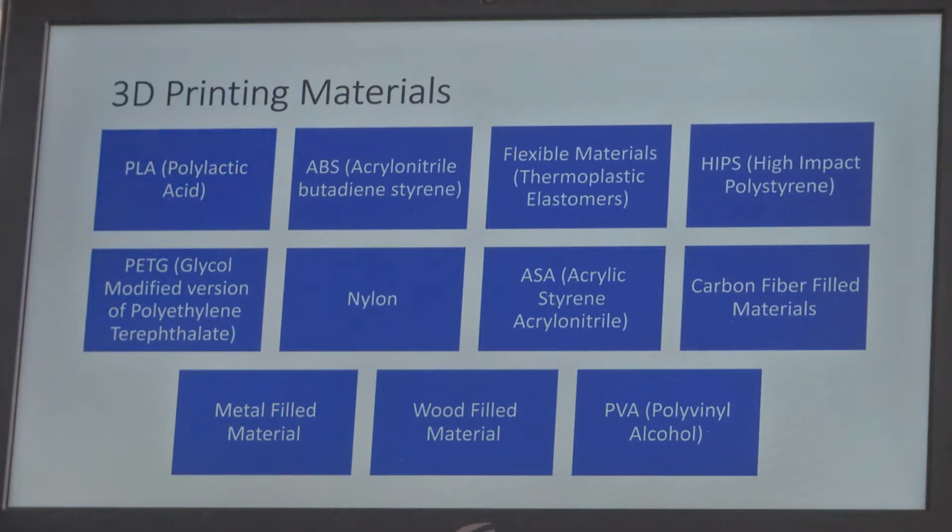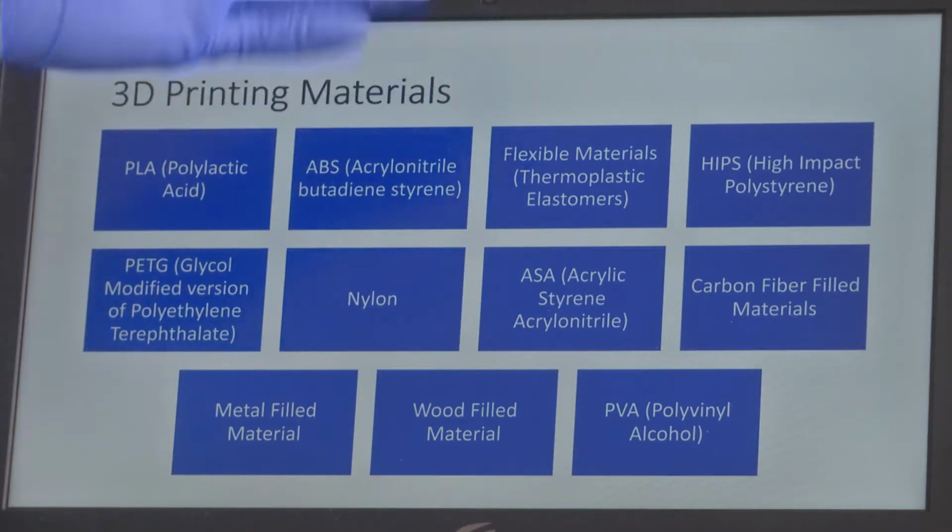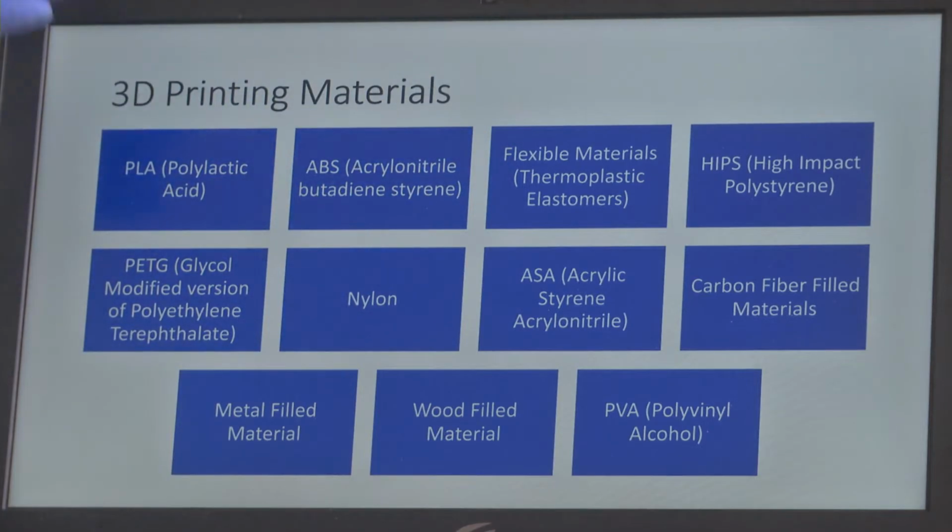For printing ABS or thermoplastic elastomers or nylon or any other, we may require a heated bed. And printing carbon fiber, metal and wood filament will require an upgraded extruder.